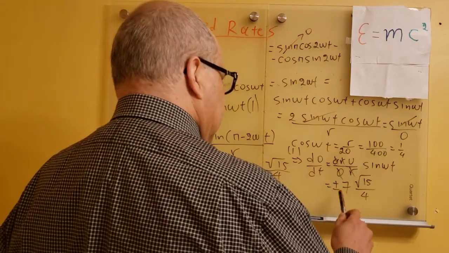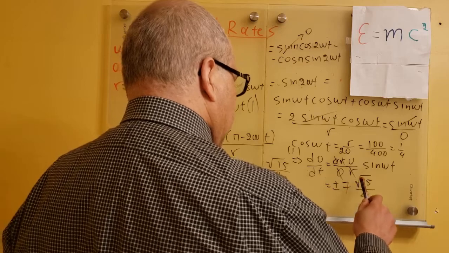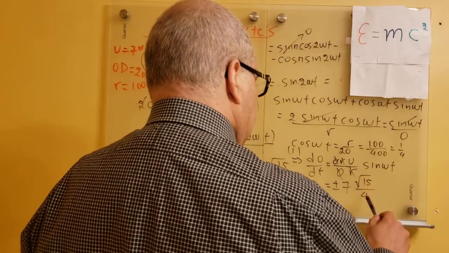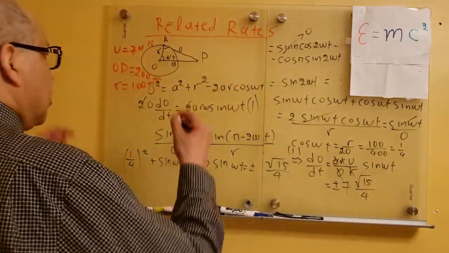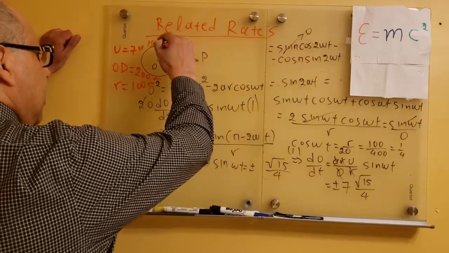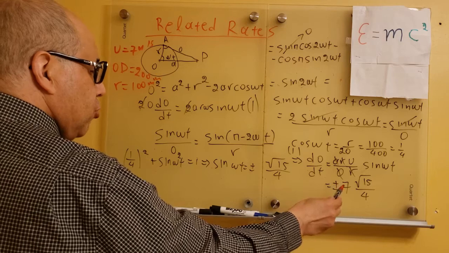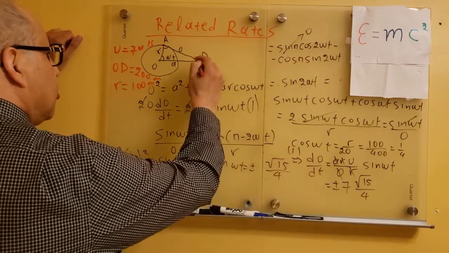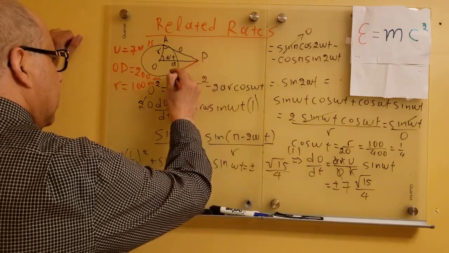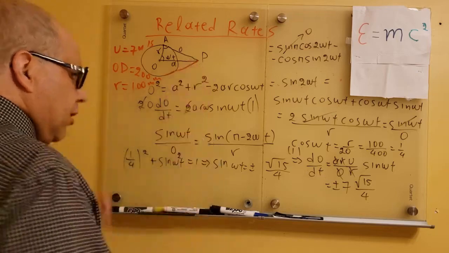So the answer will be plus or minus 7 square root of 15 over 4. This is with the positive value, and of course you have another one which is right here, with a negative value.